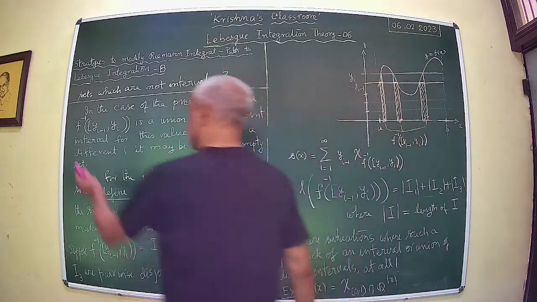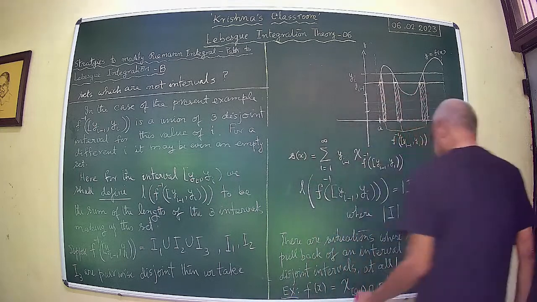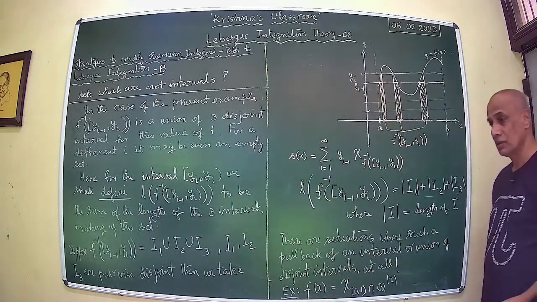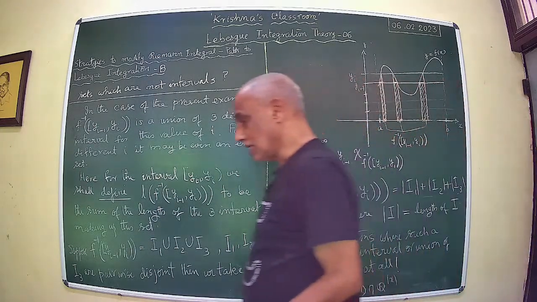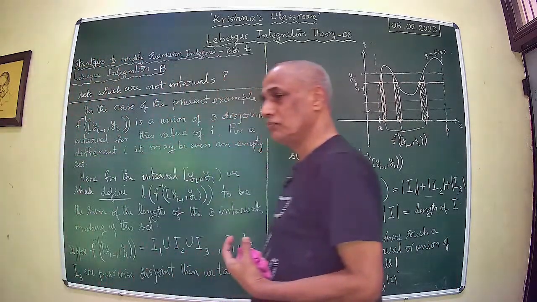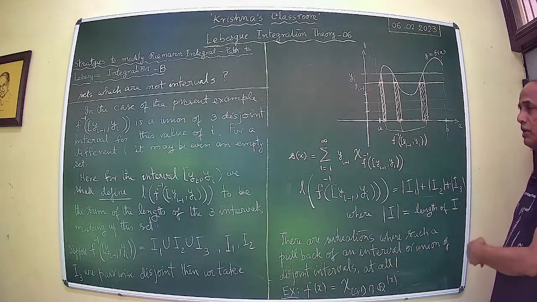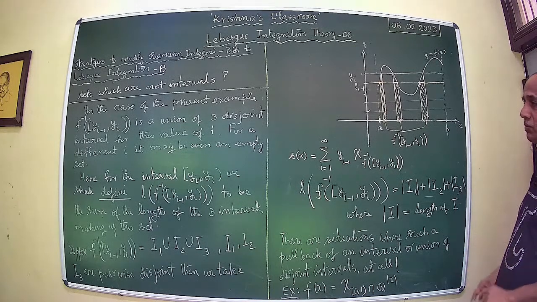Okay. So look at the pullback of this function. This I have explained last time. If you are taking the interval in the range to contain 1 then the pullback is going to be all rational points on the interval 0, 1.